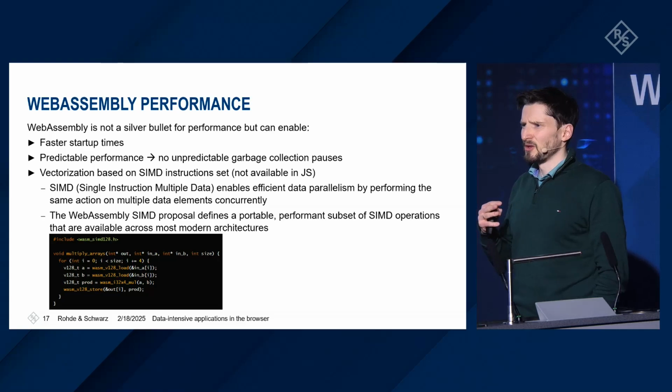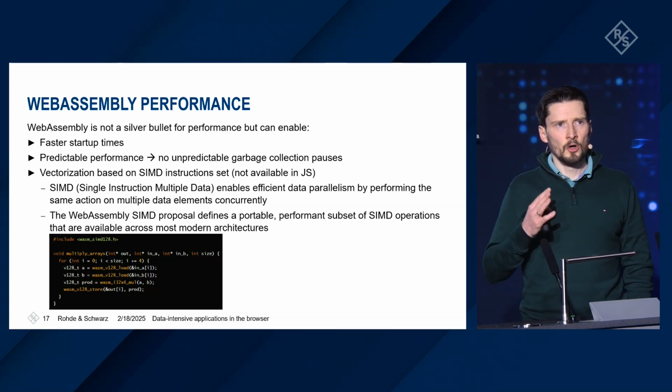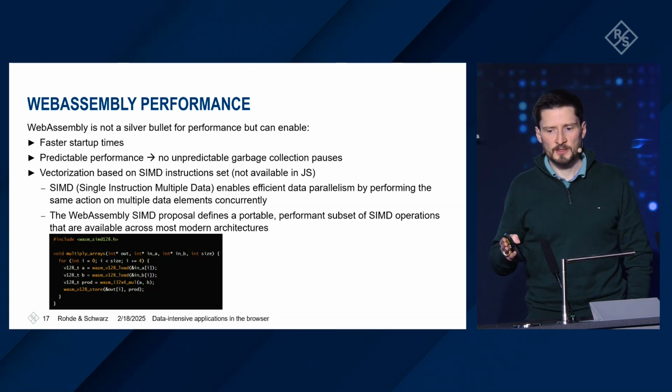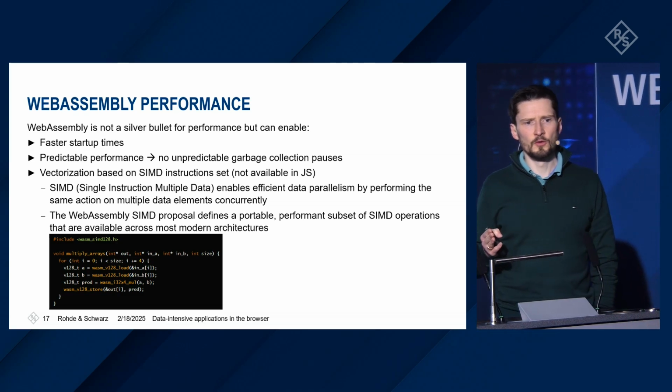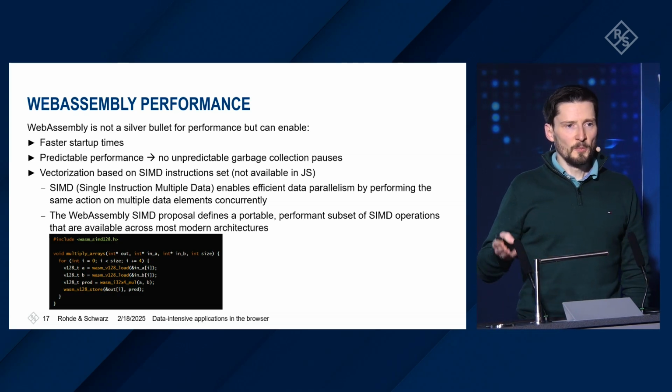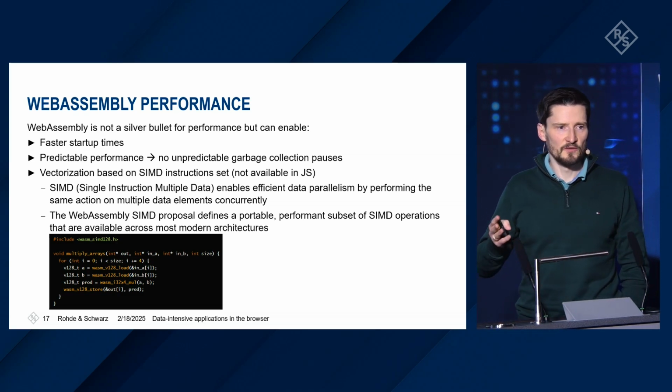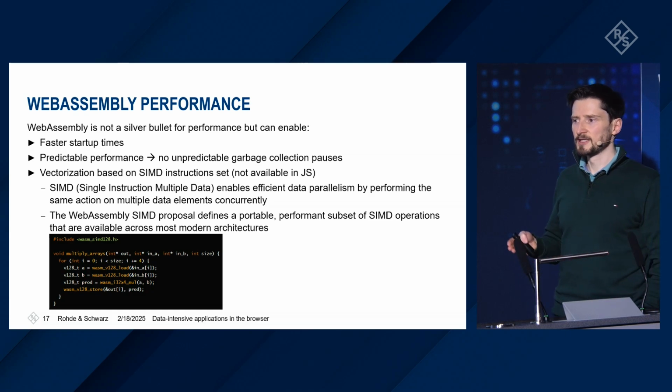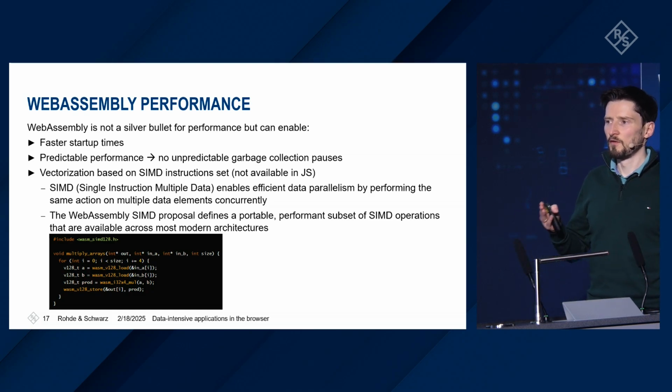Then you have predictable performance, you have no garbage collection, and you are more on the optimized, fast path. In JavaScript, it's often a problem if you leave the optimized path because you are using, for example, polymorphism, which really slows down the overall performance of your application.